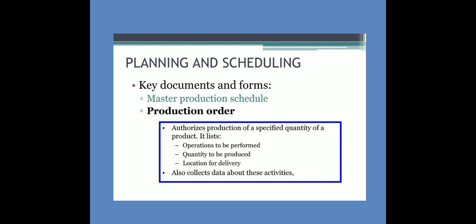Planning and scheduling pa din. So, key documents and forms. Master production schedule. Production order. Authorizes production of a specified quantity of a product. It lists operation to be performed, quantity to be produced, location for delivery, and also collects data about these activities.